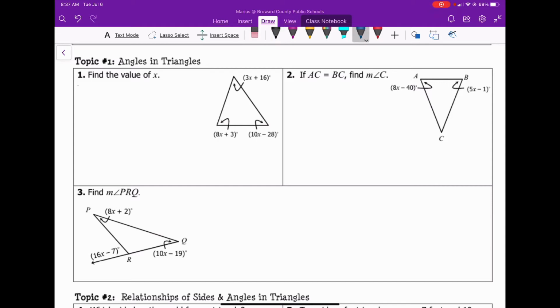So we're going to have 3x plus 16 plus 8x plus 3 plus 10x minus 28. And after we add all that up, we're going to set it equal to 180, okay? So first, we're going to look at all the x values. 3x plus 8x plus 10x, that's going to make 21x.